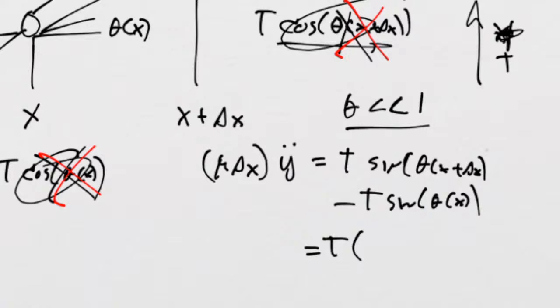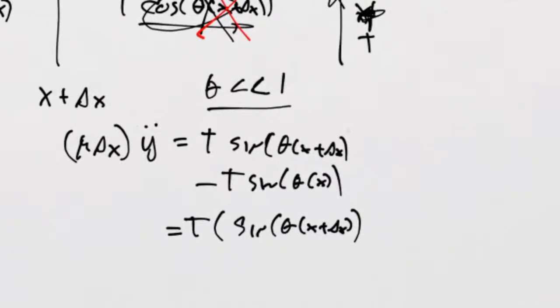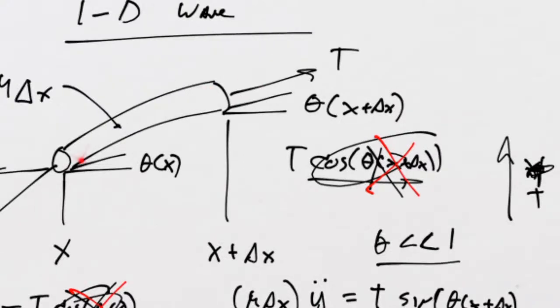derivative, right? So then we write T, and we say sine of theta at x plus delta x minus sine of theta at x. Then we use the small angle approximation, right? Because we've got to assume that there's not a lot of severe movement. Our string isn't doing stuff like this. We're assuming all these angles are really small.